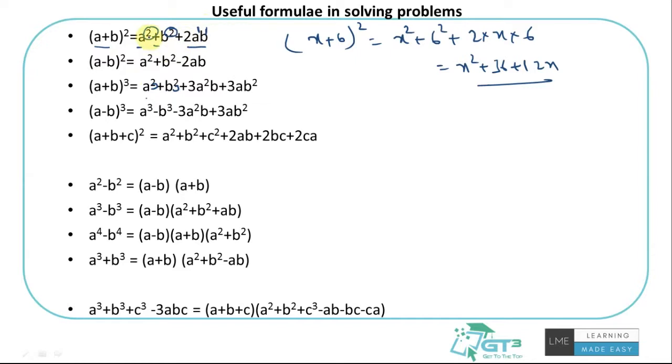That's why you'll always have a power of 2 in this expression. Similarly, for a plus b whole cube, it's a cube plus b cube plus 3 into a square b power 1. So 2 plus 1 is again 3 power. 1 plus 2, the power is again 3. This is 3 and this is 3. Right, and you'll also see the coefficients as 3 and 3.